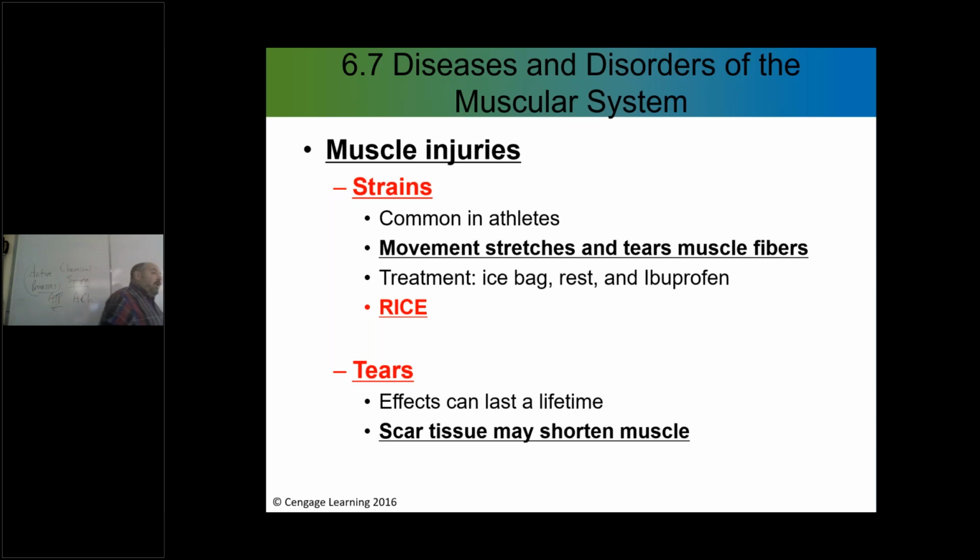Recall that, look at our skeleton back here, and remember that bone responds to stress. The more stress I put upon bone makes it weaker? No, the more stress I put upon bone makes it stronger. It actually increases the density of the bone.